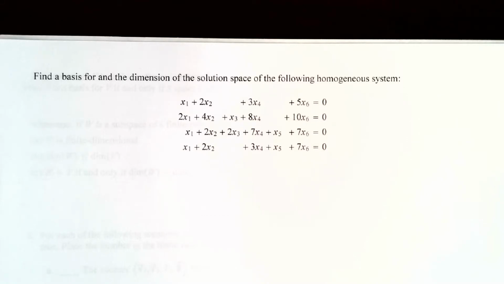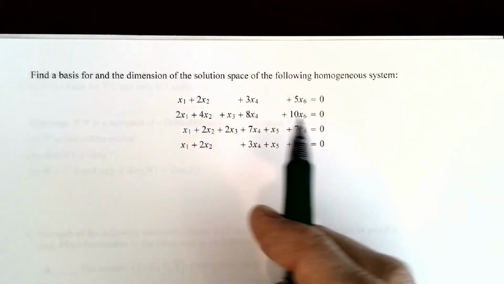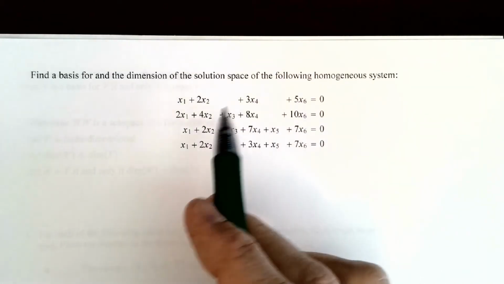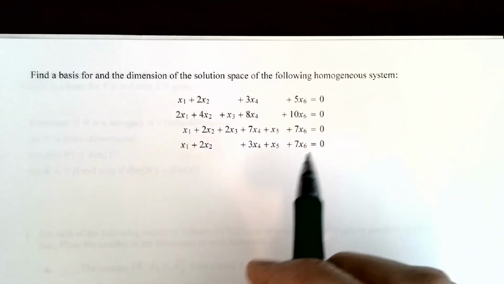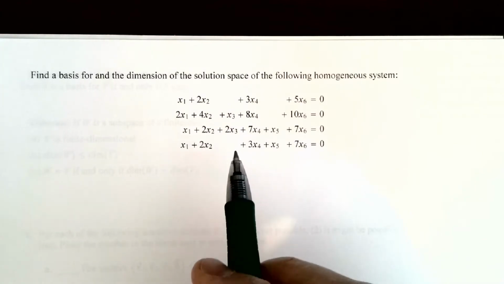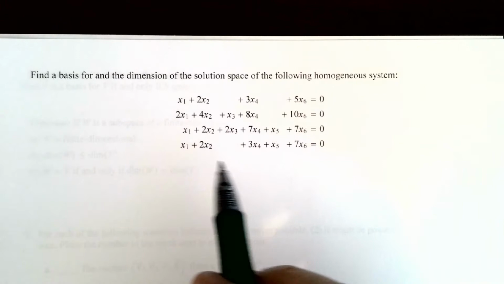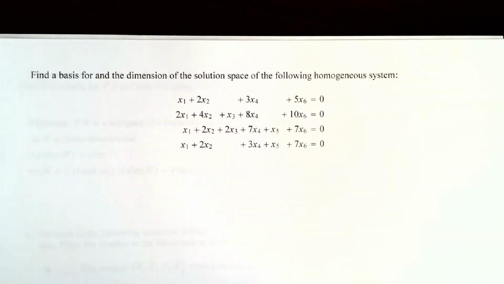In this case, it's a subspace of 6 space, right? Because what are the solutions to this system? They are ordered 6 tuples. Do you see we have 6 unknowns in this system? All right, they're ordered 6 tuples. So the solution space for the system is a subspace of 6 space.